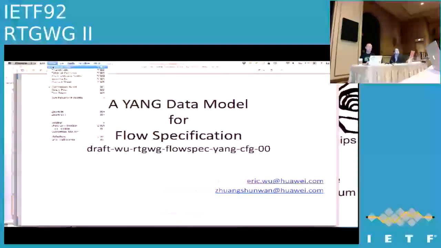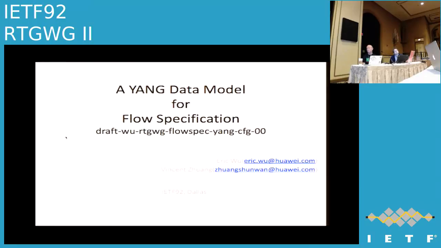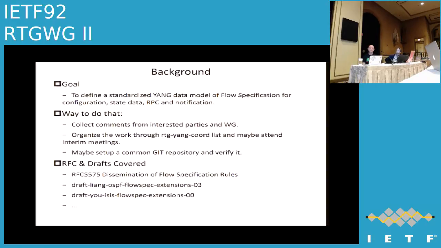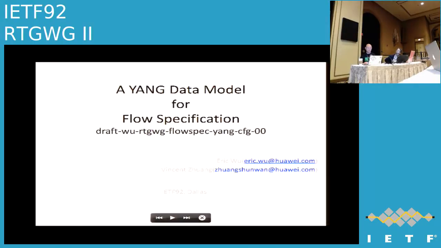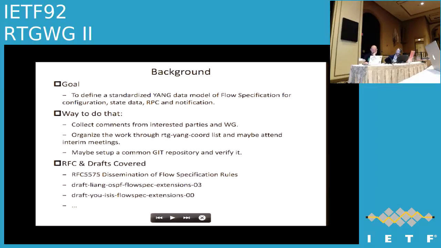This is a YANG model for flow specification, and the goal here is to define one standardized YANG data model, which includes configuration, state data, RPC, and notification for flow specification. And how are we going to do that? First, we want to collect comments from the working group and the interested people.